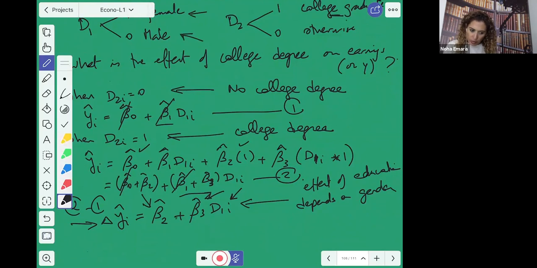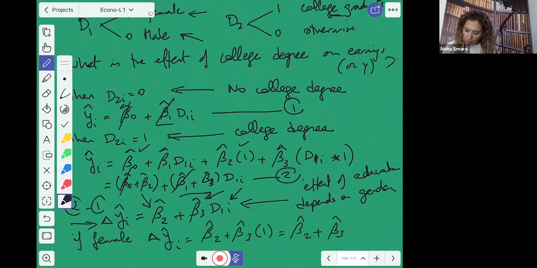So if the person I'm talking about is a female, then the additional wage is going to be equal to beta hat 2 plus beta hat 3 times 1, which is beta hat 2 plus beta hat 3. And remember, this is in dollars, because this is the change in earnings.